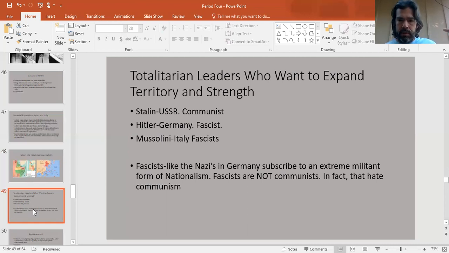They're also going to look to purge people in their societies who are not from that nation. For example, in Germany, Jews. They're diluting our strength. They're less pure. We need to get rid of them. That is a fascist philosophy.